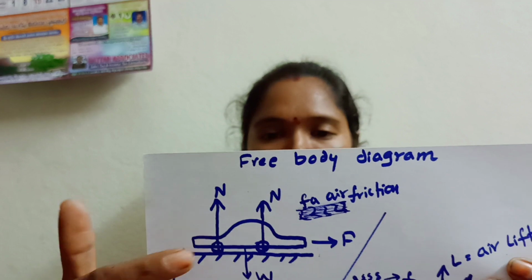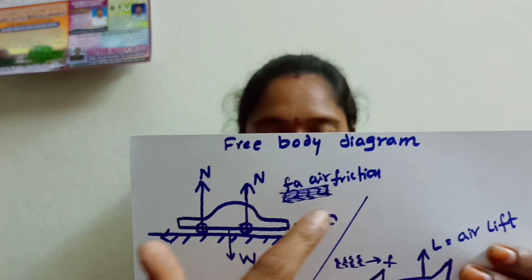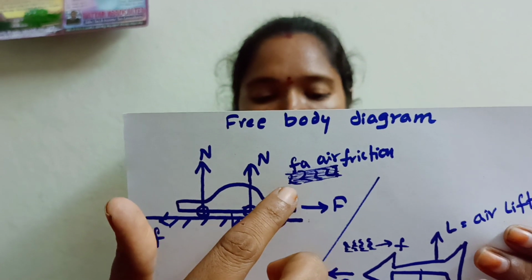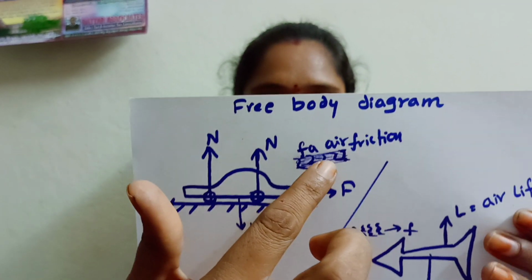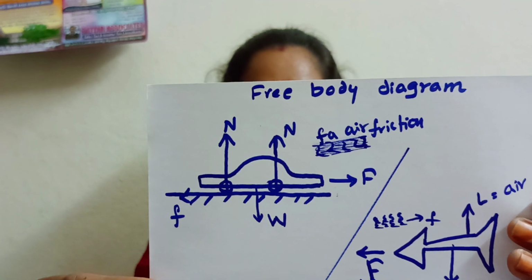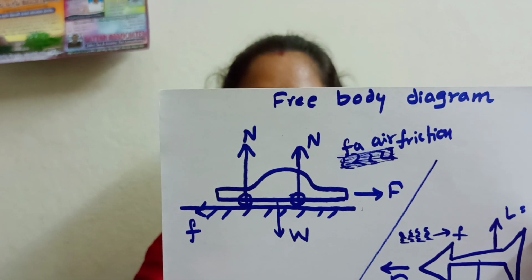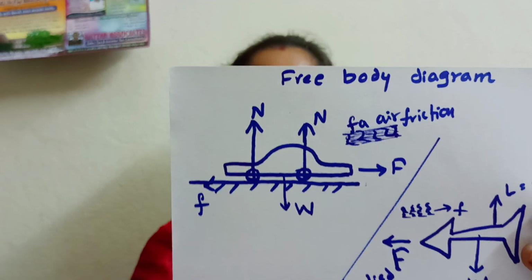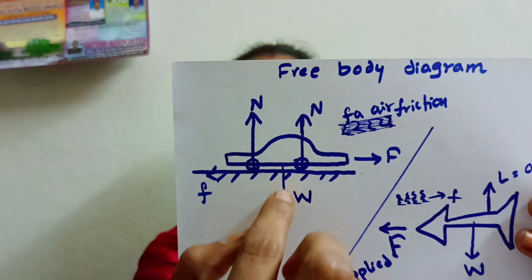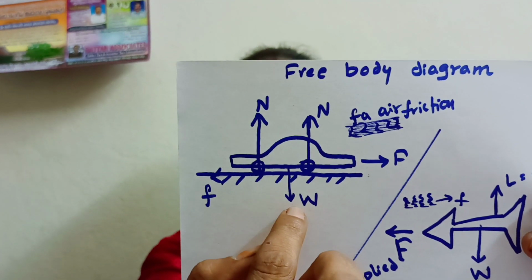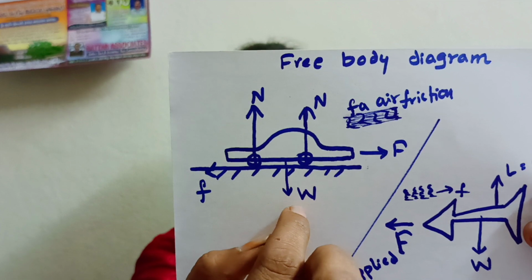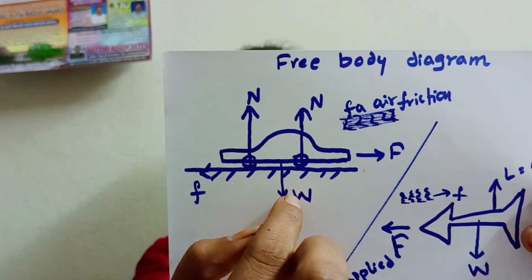The car is moving in air. There is air friction also. So many forces are acting on the car. Here we forgot, in the downward direction, the gravitational force.